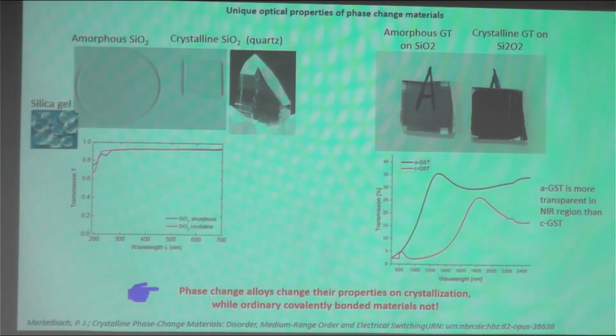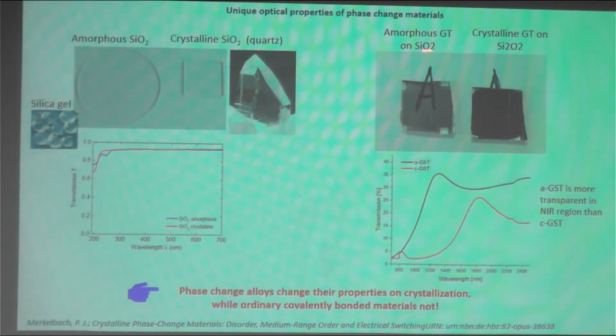Let us look at our phase change materials. If we take amorphous germanium telluride and make a thin film of about 100 nanometers, we see that it's transparent.